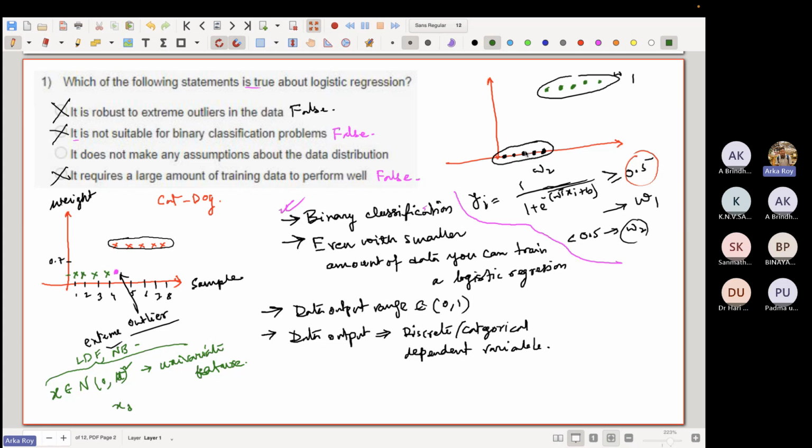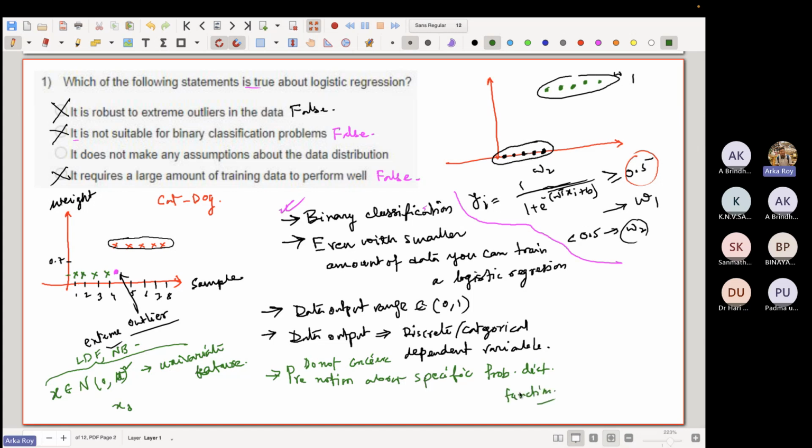So that means we do not conceive any pre-notion about a specific probability distribution function.